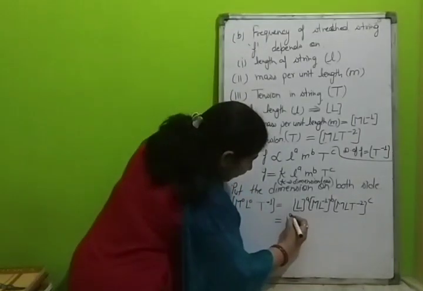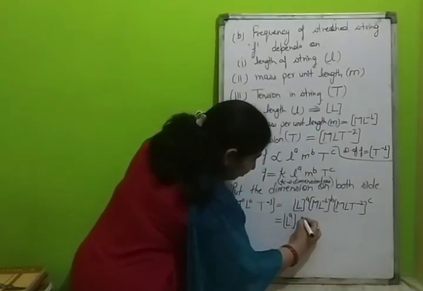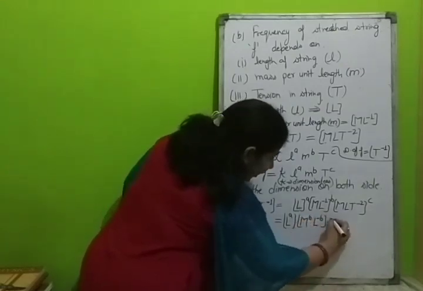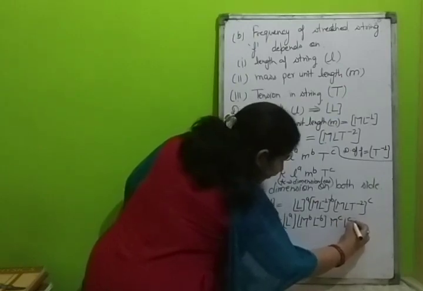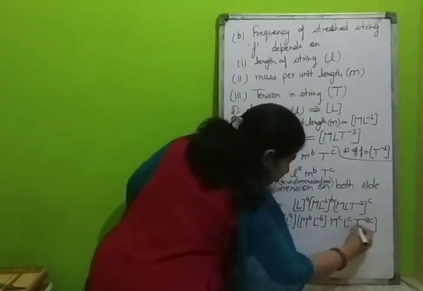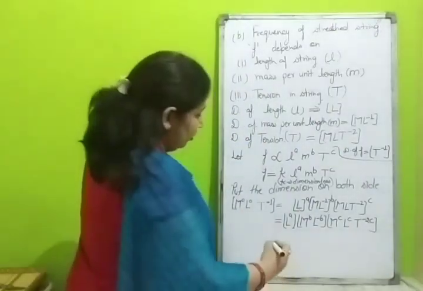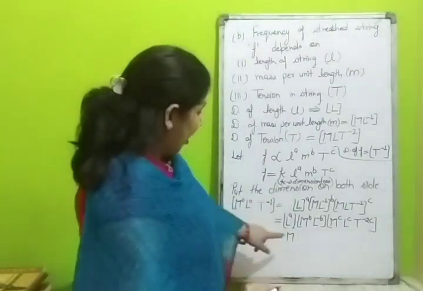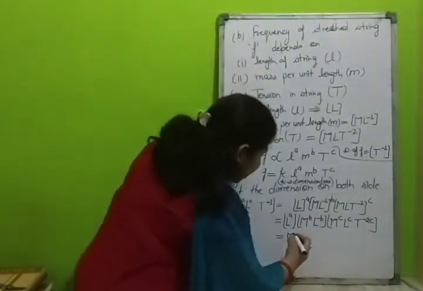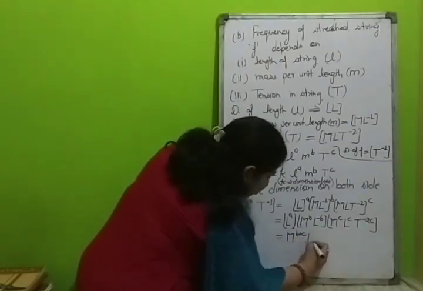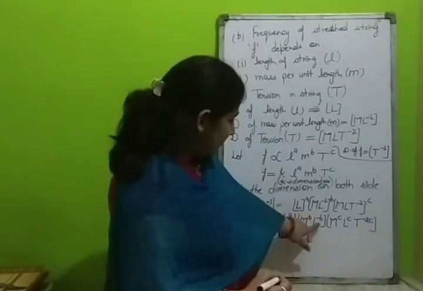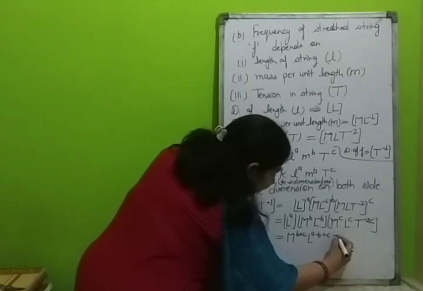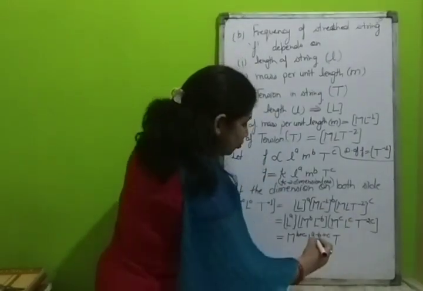Now L to the power A, M to the power B, L to the power minus B, M to the power C, L to the power C, T to the power minus 2C. Now we will merge it. What do we have? First we will take M. M to the power B and C means B plus C. L to the power A minus B and C, A minus B plus C. Then T to the power minus 2C.